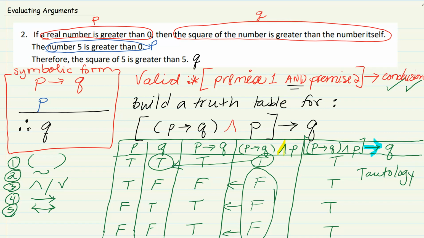Is this premise true? If a real number is greater than 0, then the square of this number is greater than the number itself.